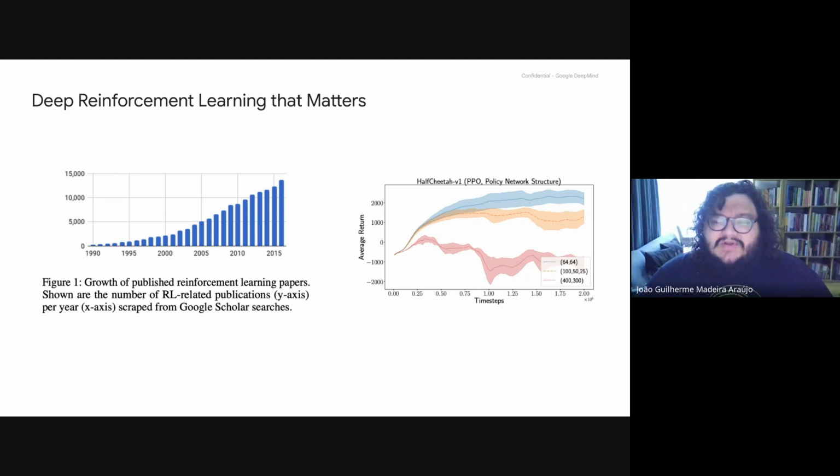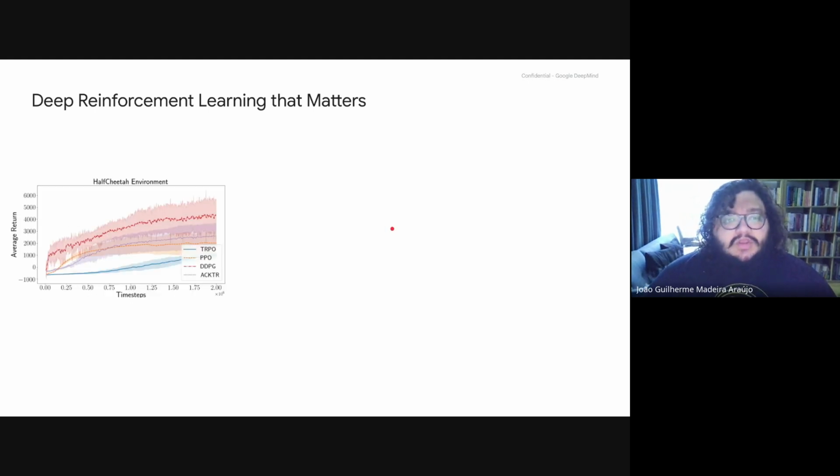What happens if I try to change architecture? None of that was explored. And it's clearly extremely important when you see how this network with a layer of 400 neurons and another 300 does extremely worse than just a two-layer network with 64 neurons per layer. And then they keep going.